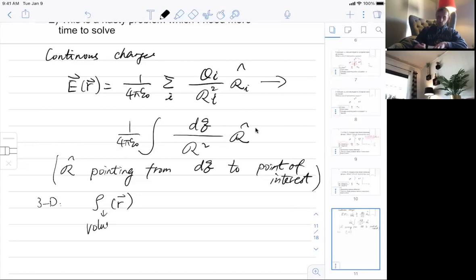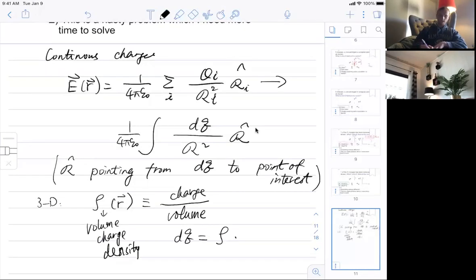So this is a volume charge density. That is the total charge over volume. Okay, so my dq is going to be density times little volume dv.